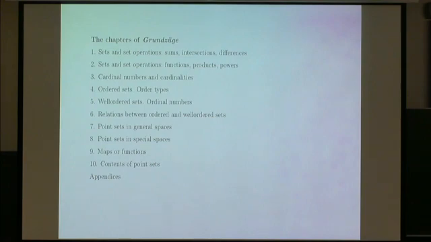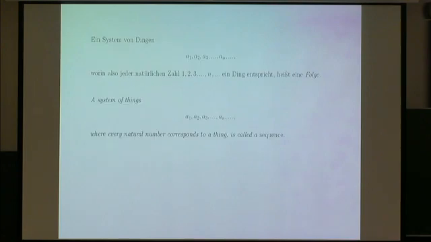So what I want to do to give you a flavor of this book is to discuss some passages, going from the easy to the more complicated. So let's look at this. He says a system of things, A1, A2, where every natural number corresponds to a thing, is called a sequence.